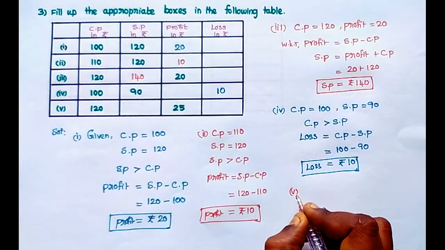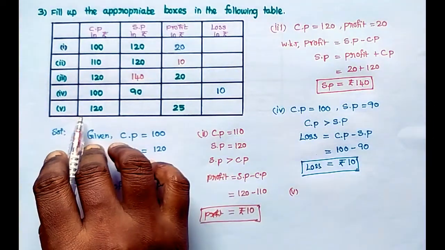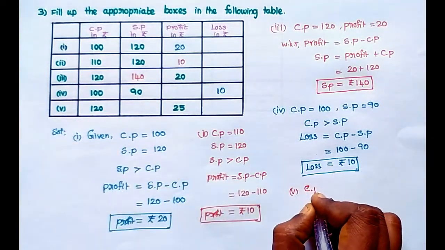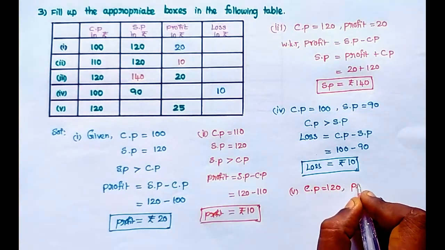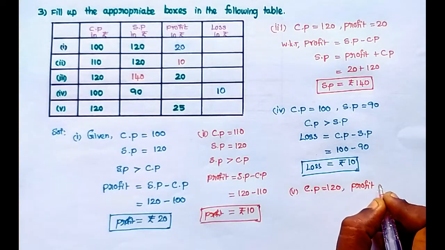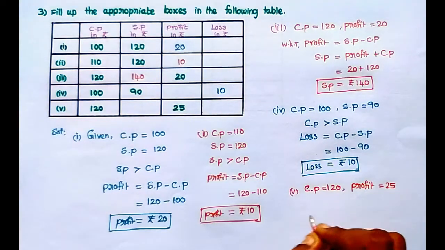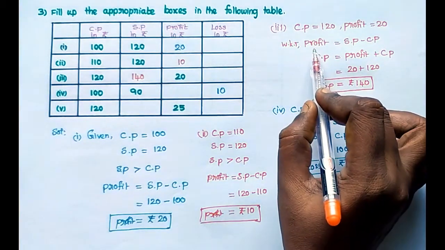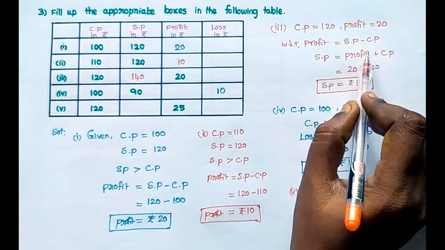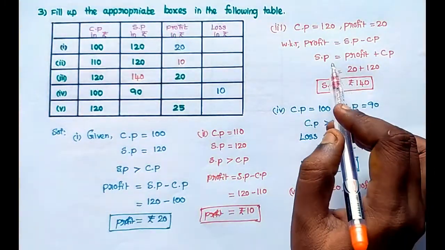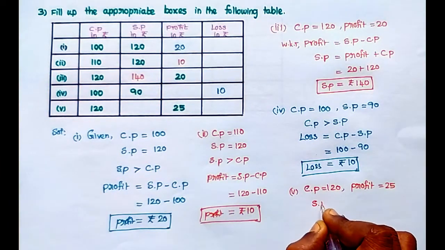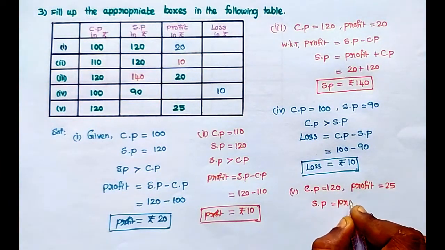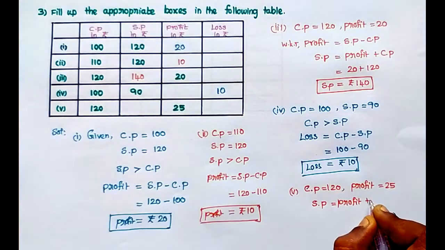Next one, fifth sum. They have given cost price, that is 120, and profit they have given how much? 25 rupees. You already know that profit equals selling price minus cost price. So selling price we want to find out means selling price equals profit plus cost price.